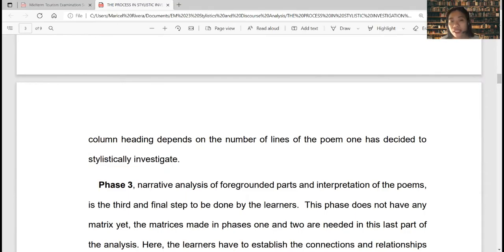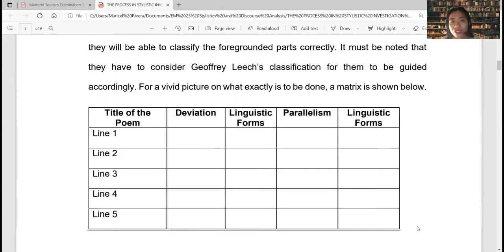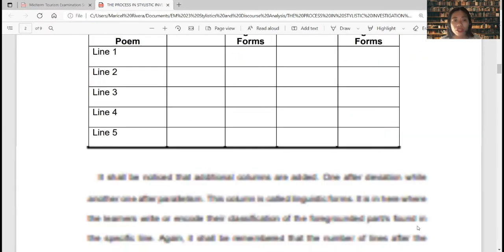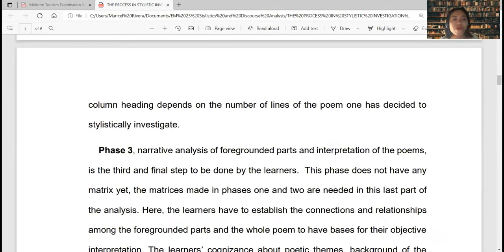So easy, right? This is phase 2, and lastly, we are down to the last phase. There are only 3 phases. Phase 3 now is narrative analysis of foregrounded parts and interpretation of the poems. Here, class, what you have read from different sources, related literature and related studies, you will be needing them to back up your claim, because here you are now going to analyze based on the way you are dissecting and categorizing.